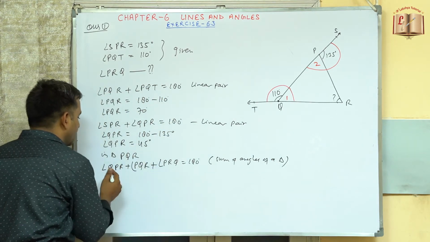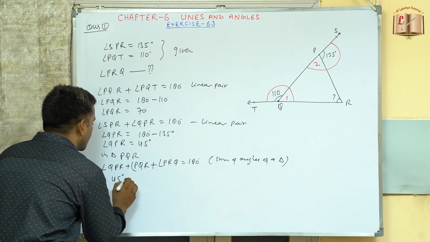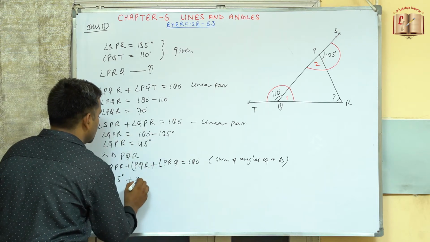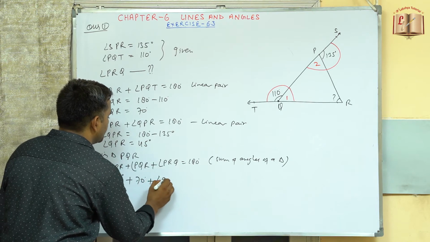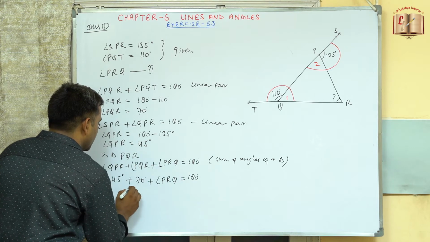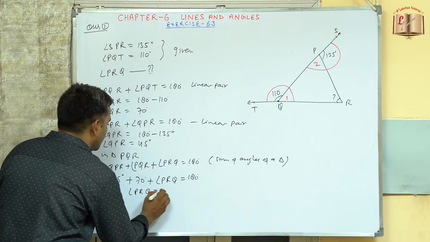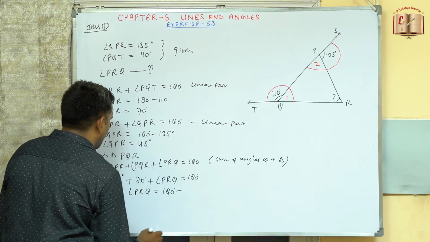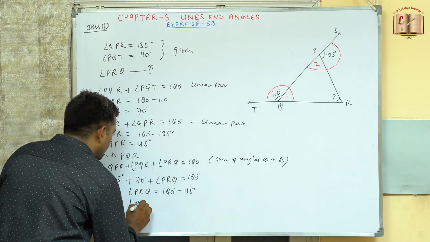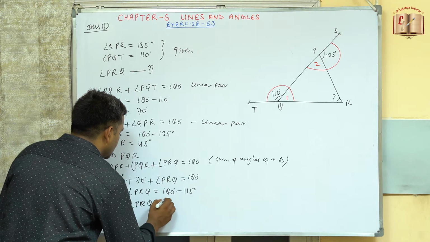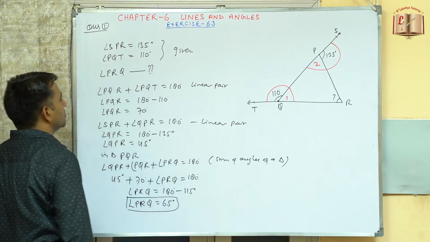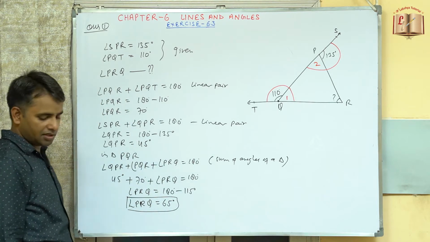So QPR is 45 degrees, we will write 45 degrees plus PQR is 70 degrees, plus angle PRQ is equal to 180 degrees. So angle PRQ will be equal to 180 degrees minus 115 degrees. So we got angle PRQ as 65 degrees.